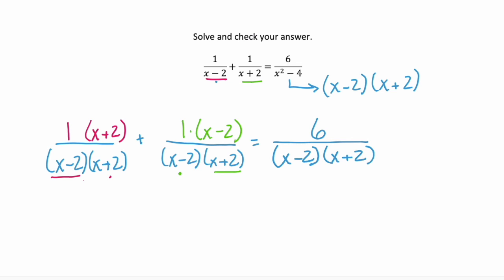Now, the next step is to simplify those numerators. Well, they're both times 1, so it's x plus 2 and x minus 2. And we can rewrite that denominator again.